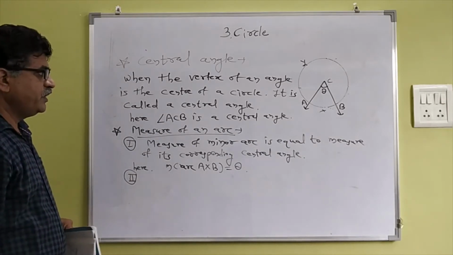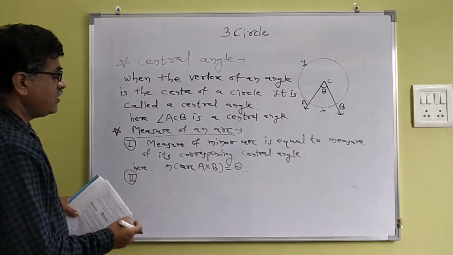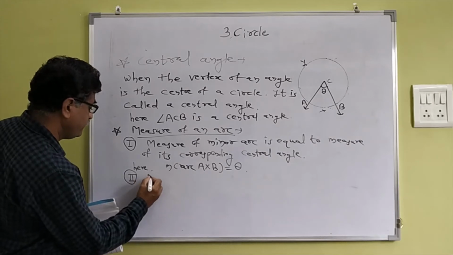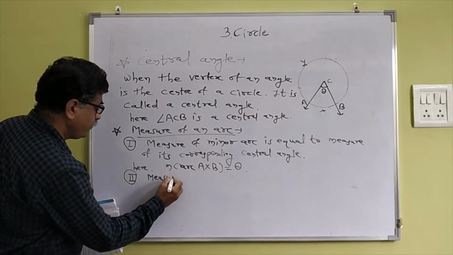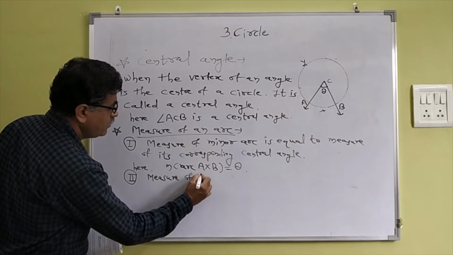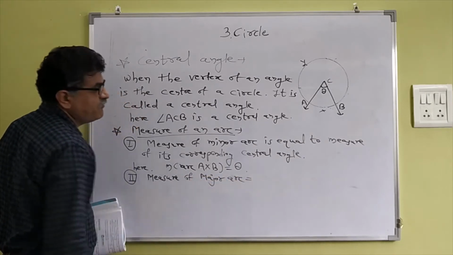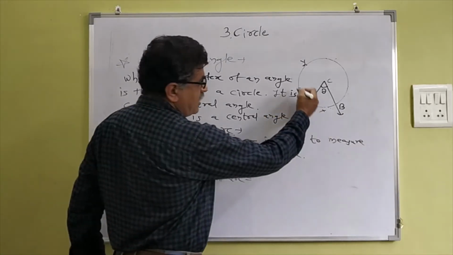Number 2, measure of a major arc. Suppose this is arc AYB.